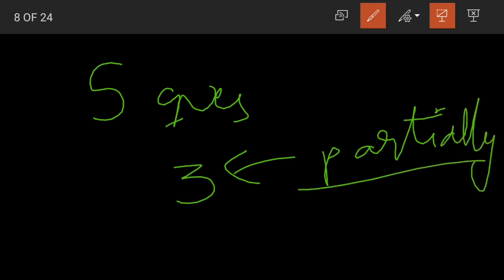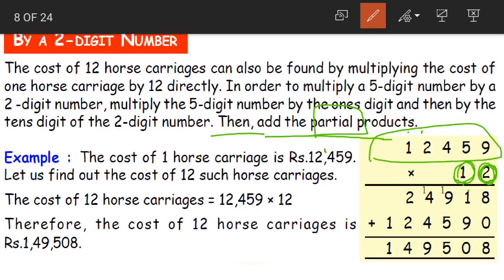Partially means only a part of it. It is not the complete answer. So here this is not the final answer of our multiplication, right? So this is not the final product. It is only a partial product. When we add these two partial products, we will get our final product.